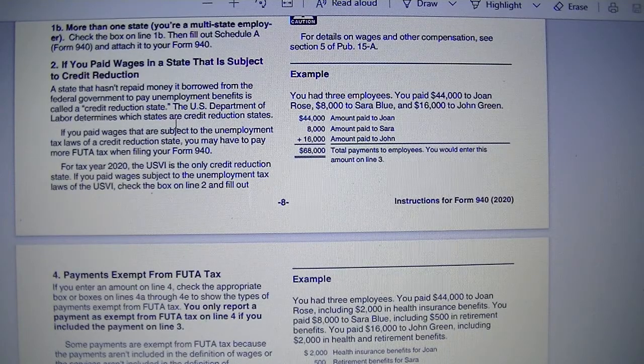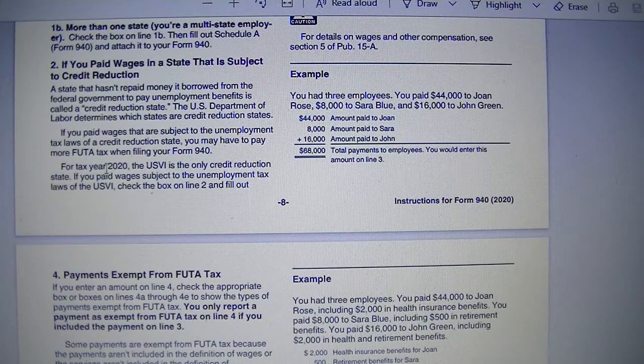The U.S. Department of Labor determines which states are credit reduction states. So if you pay wages that are subject to the unemployment tax law of a credit reduction state, you may have to pay more FUTA tax when filing your Form 940.